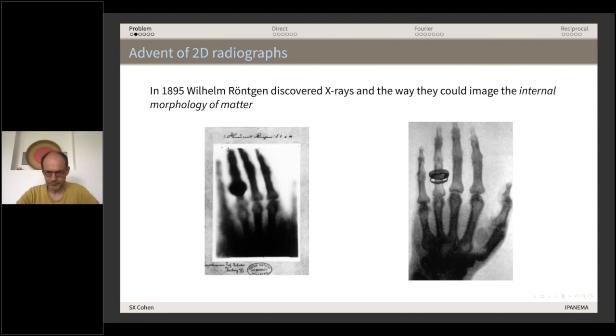silver-based film, the energy or whatever particle was there was going straight and was attenuated by the matter in a way we'll see just a bit later.